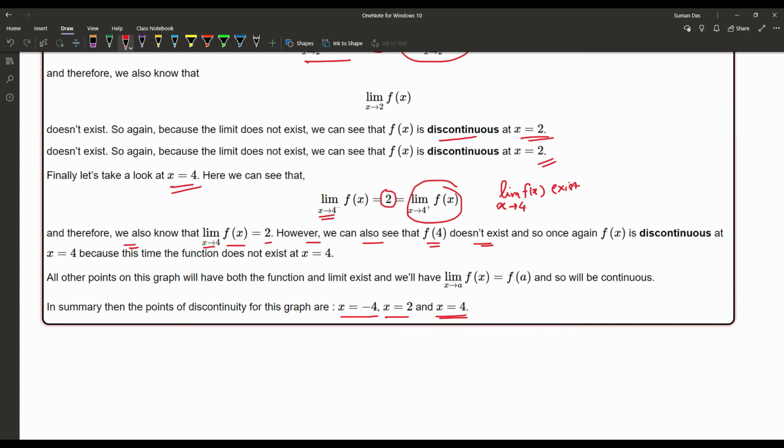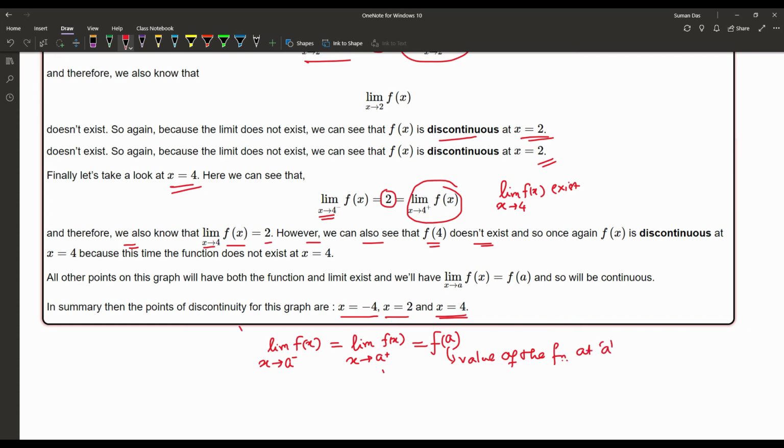So for continuity, for x approaching any real value a, suppose, the left hand limit of the function has to be equal to the right hand limit of the function, then the limit exists for that real value, and also we have to find the value of the function at that point, the value of the function at a.